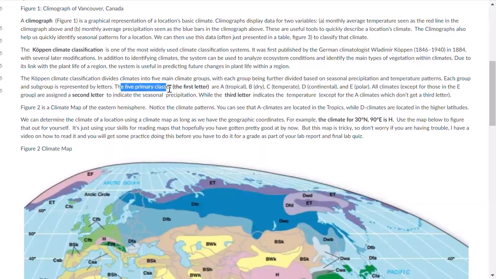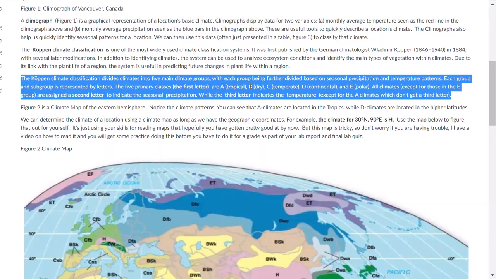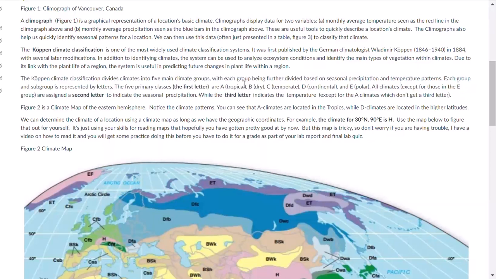So the 5 primary classes, which is the first letter, these letters are always going to be capital, represent each individual or major change in unique climate classification. So A represents a tropical climate, B represents dry, C temperate, D continental, and E is going to be polar.